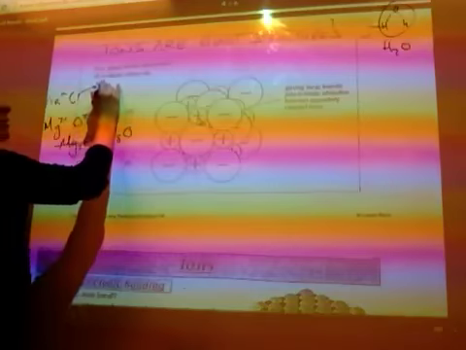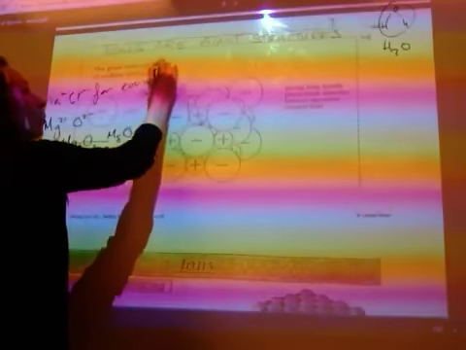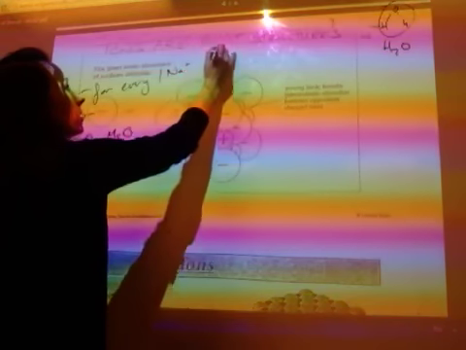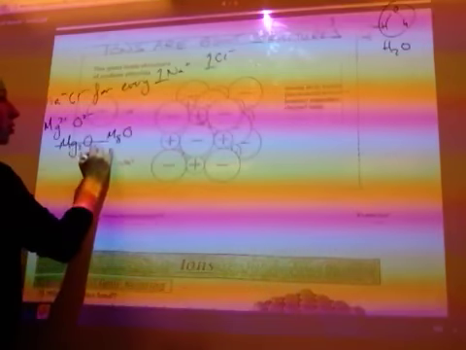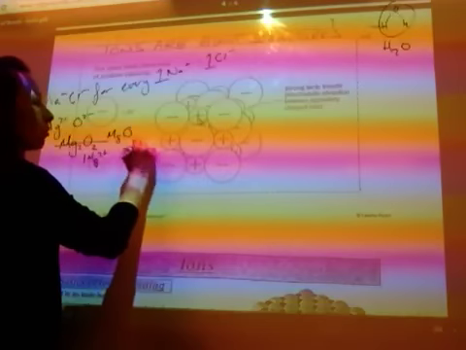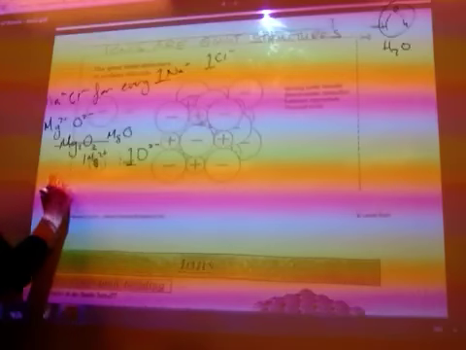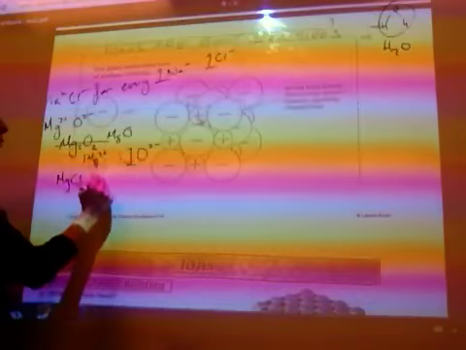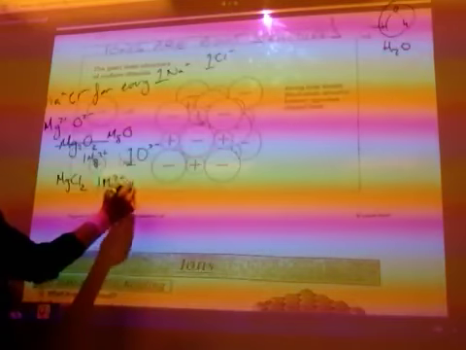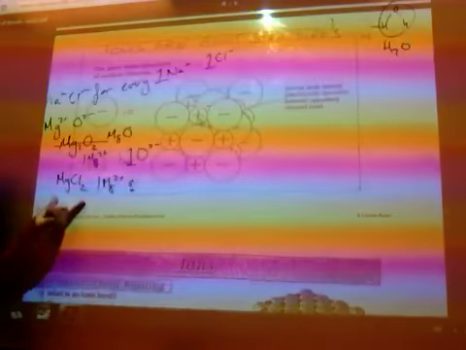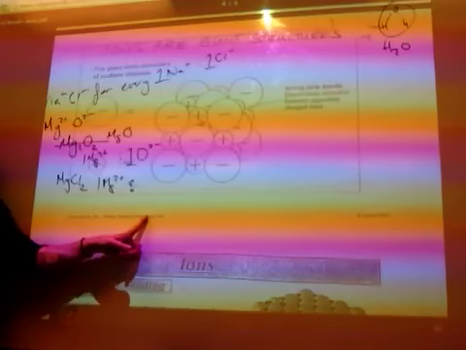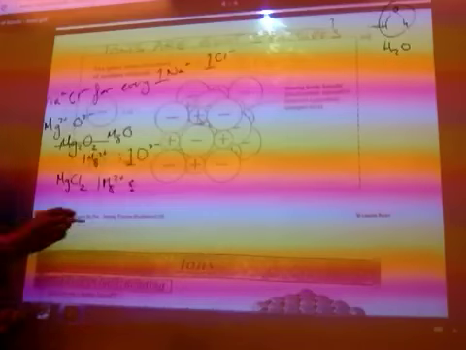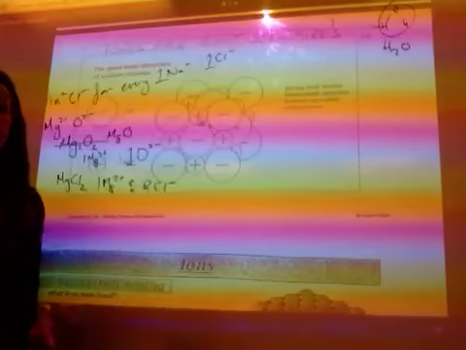For every 1 Na+, I have 1 Cl-. For every 1 Mg2+, I have 1 O2-. In magnesium chloride, MgCl2, for every 1 Mg2+, I have 2 Cl-.